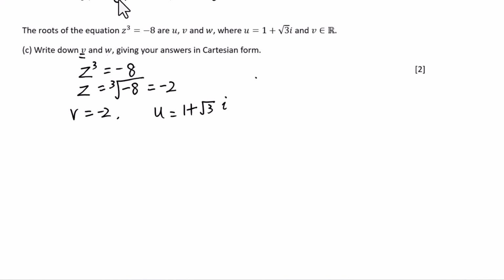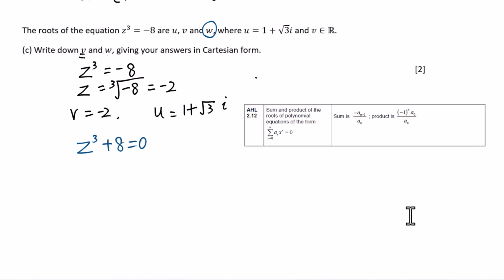Now let's work out w. z to the third power plus 8 equals 0. Let's use this formula to work out w. a sub n equals 1, a sub n minus 1 equals 0. So u plus v plus w equals negative 0 over 1 equals 0.